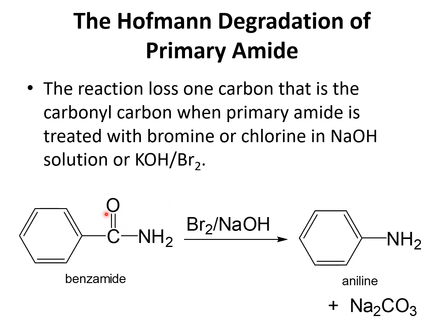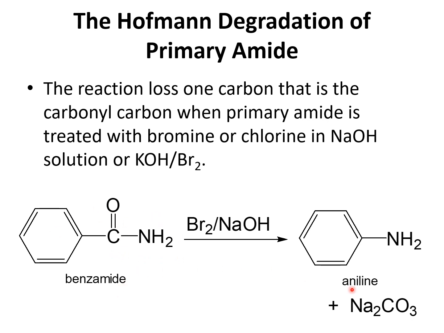Now, in the case of Hofmann degradation, they will lose this C double bond O. If you compare benzamide with aniline here, you can see that we are missing one carbon. Compared to the previous one, where we still have that carbon and only C double bond O changed to CH2, in this Hofmann degradation the C double bond O is completely removed, eliminated from this compound.